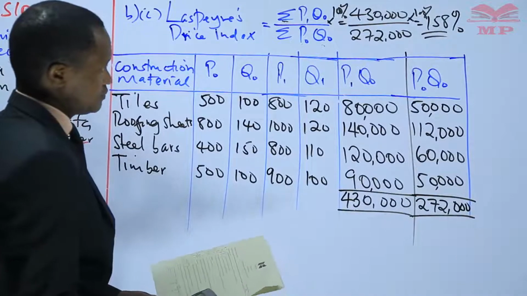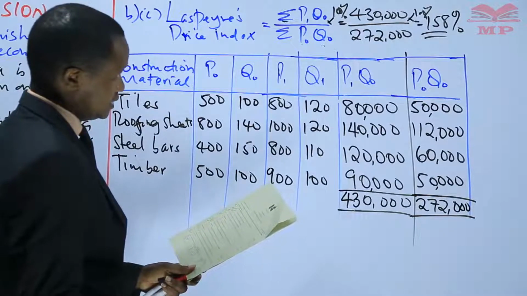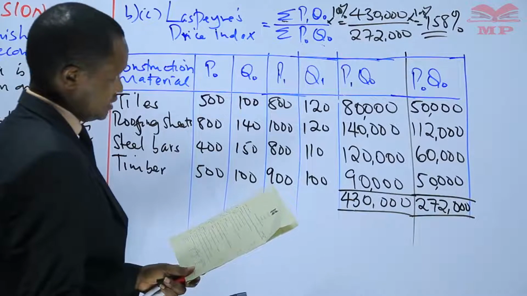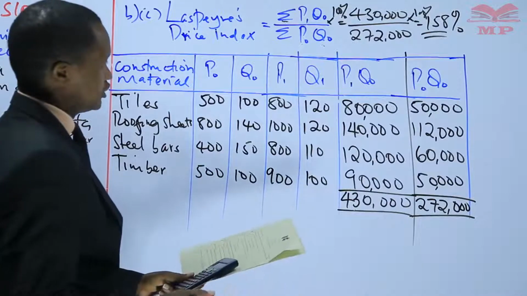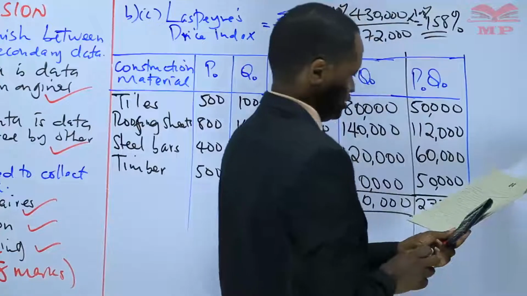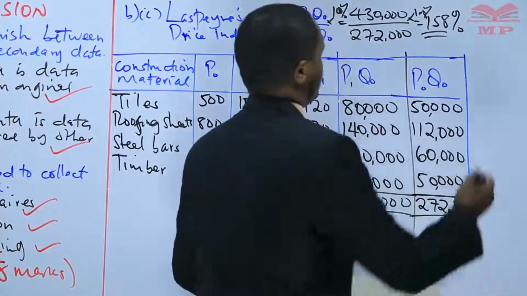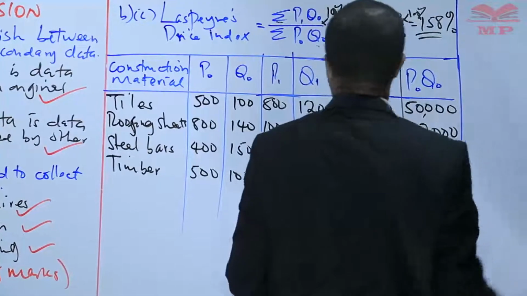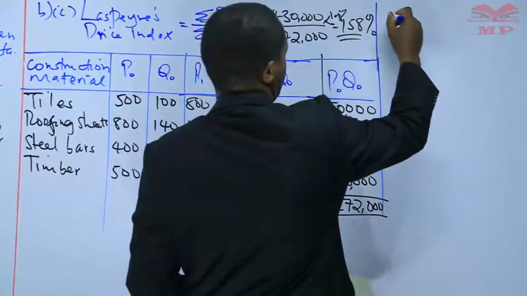158%. Then we need to calculate the purchase price index. Purchase price index, candidates.